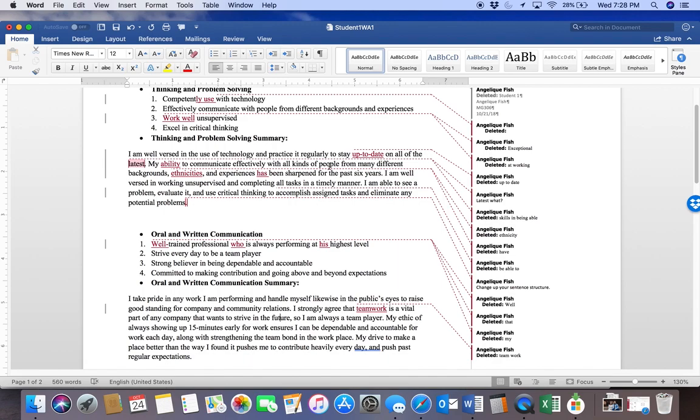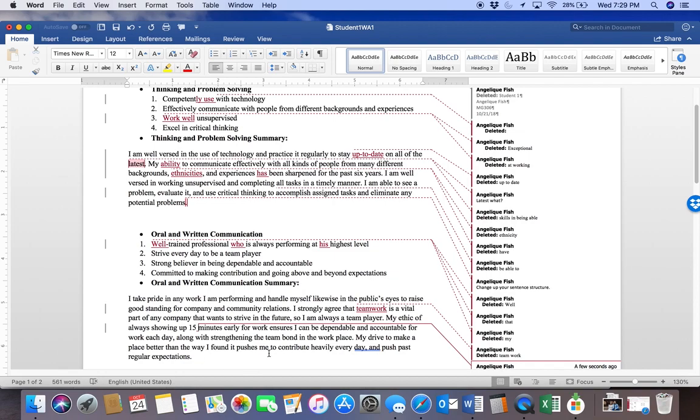All right, so I'm going to keep going, though, just for time's sake. My ethic of always showing up 15 minutes, this doesn't need to be hyphenated. If you were saying 15-minute time limit, then yes, it would be, because 15 and minute come together to form one word that describes something, the time limit. But we're talking about how many minutes? 15 minutes. So minutes is the noun, 15 is the adjective.